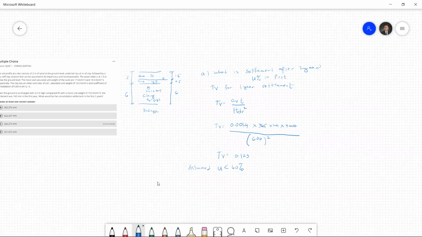Therefore, our Tv is equal to pi over 4 U squared, so 0.123 equals pi over 4 times U squared. Therefore, your U is equal to 39.57%, which means our assumption is correct since this is less than 60%. Therefore, the assumption is okay.